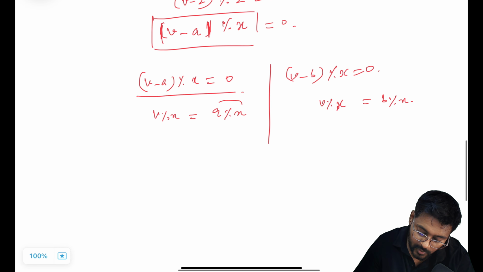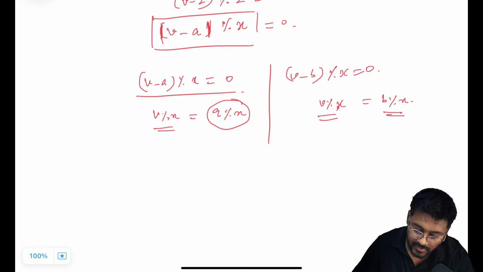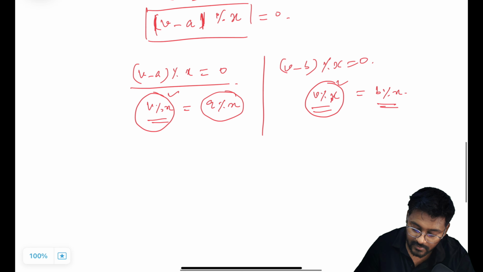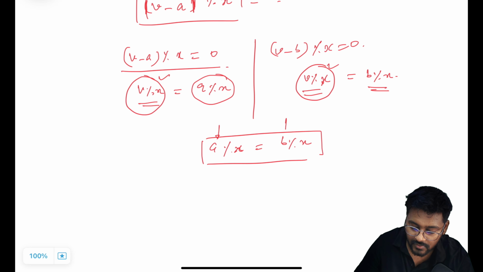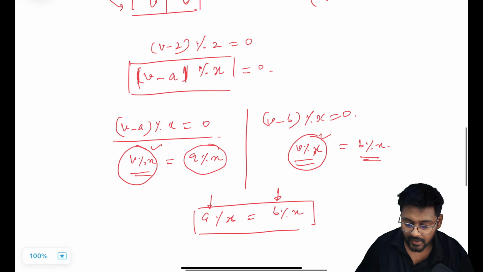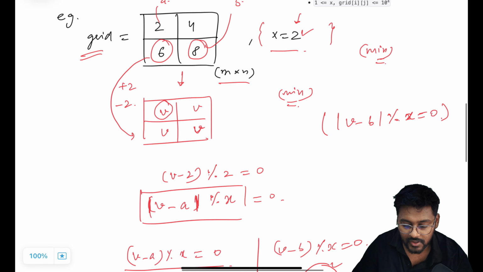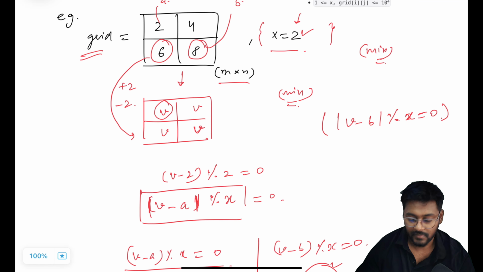The left hand side is the same, so definitely a modulus x should be equal to b modulus x. And a and b are two actual values from the grid, right?